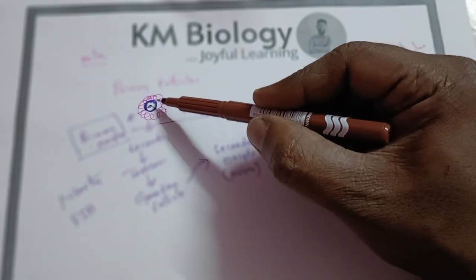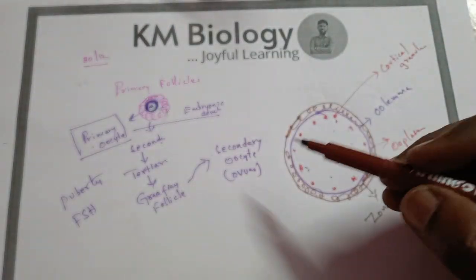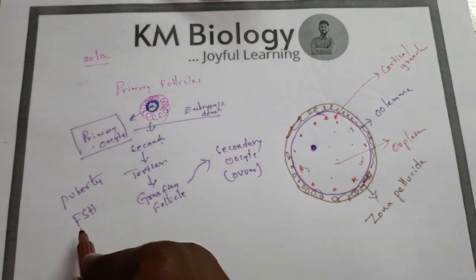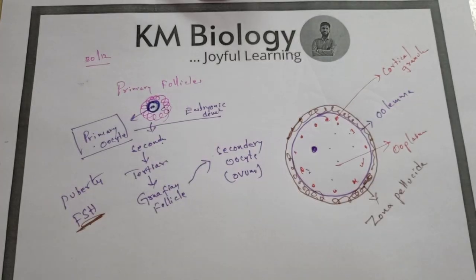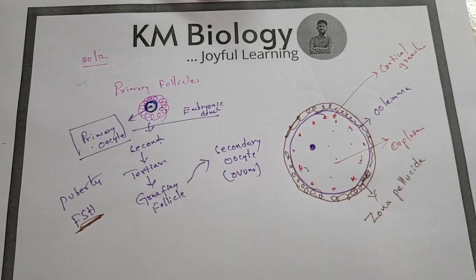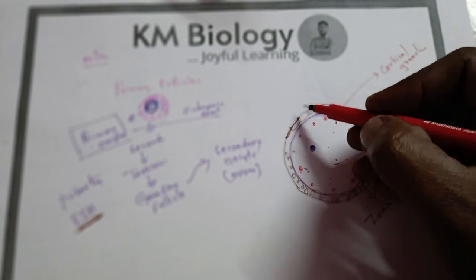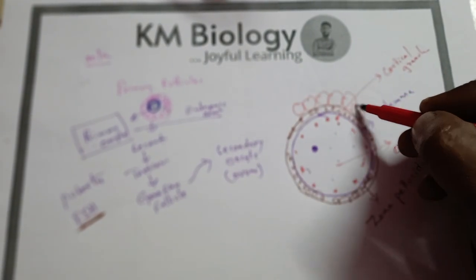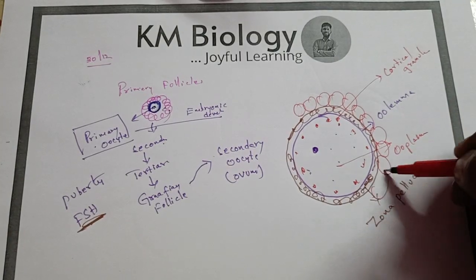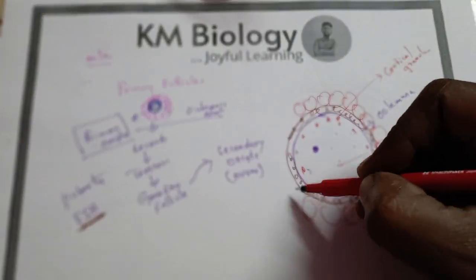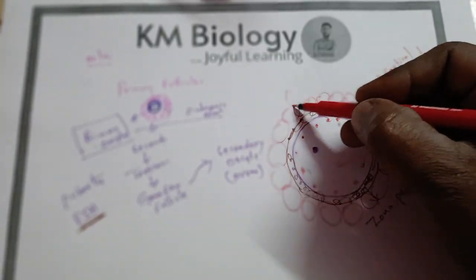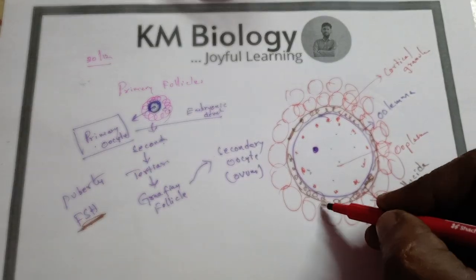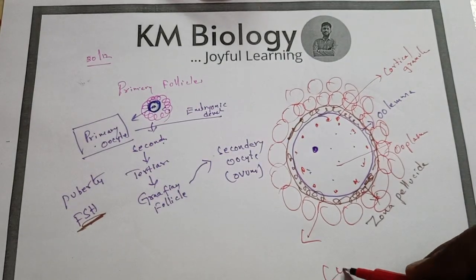Around this, follicular cells are there. Now once meiosis 1 is completed, due to the action of gonadotropin, at the time of rupture of the follicle, you can see a number of follicular cells around the secondary oocyte. It looks like another protective layer, and this is called corona radiata.